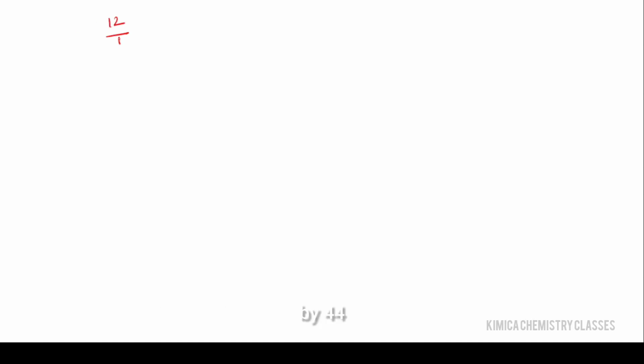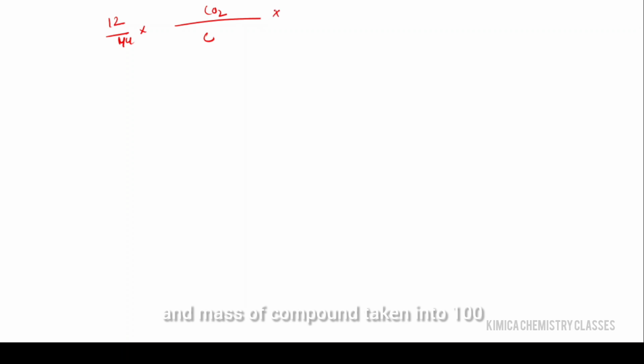For calculating percentage of carbon we use the Liebig method. In this we use 12/44 into mass of CO2 formed over mass of compound taken, into 100. This is for estimation of carbon.